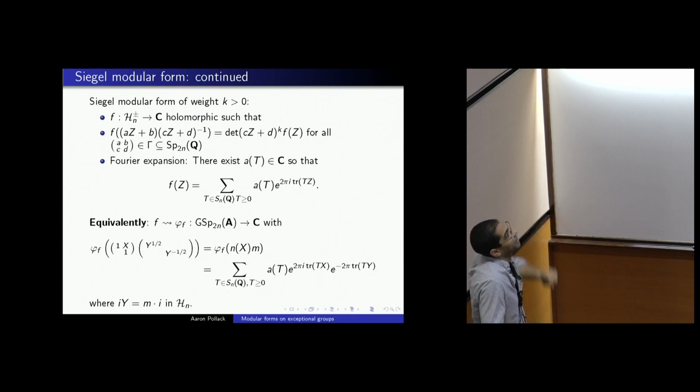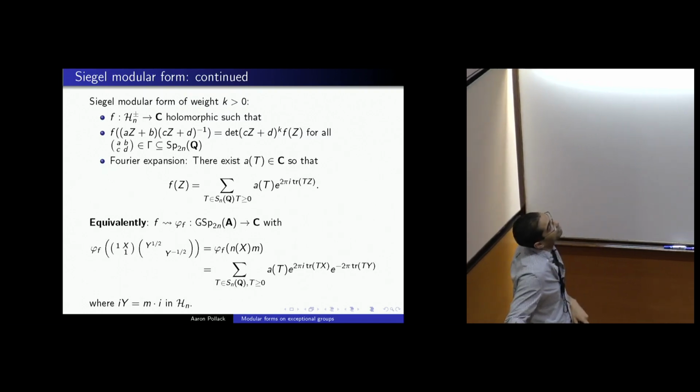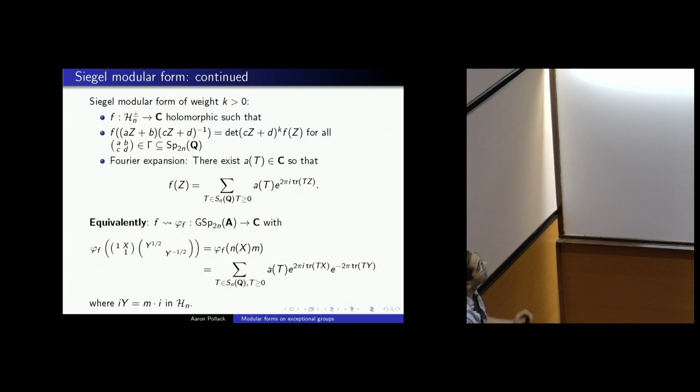The classical Siegel modular forms are holomorphic functions that satisfy this functional equation: F of (AZ plus B)(CZ plus D) inverse is determinant (CZ plus D) to the k times F of Z, for all (A B; C D) in some congruence subgroup of Sp_2n. Because they're holomorphic functions, they have a really nice Fourier expansion.